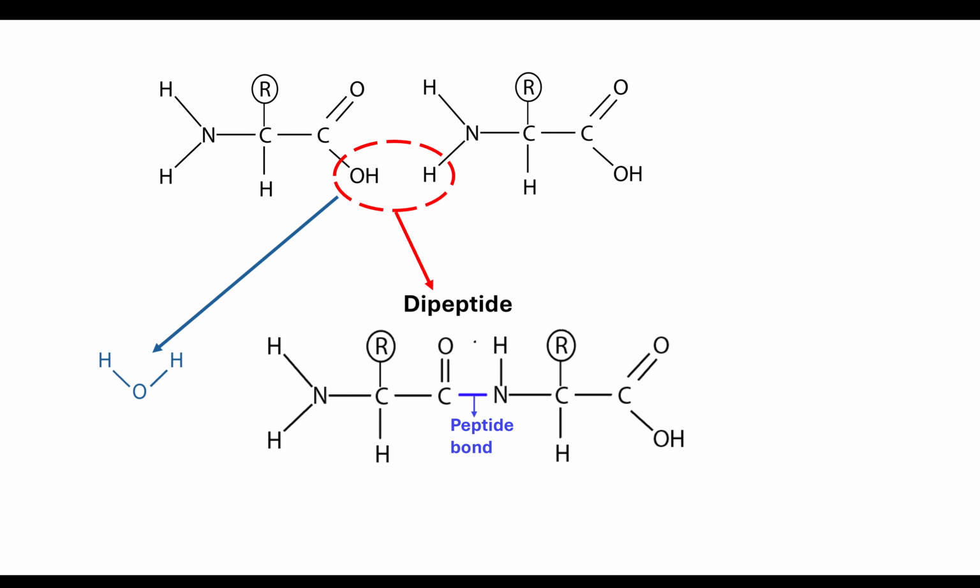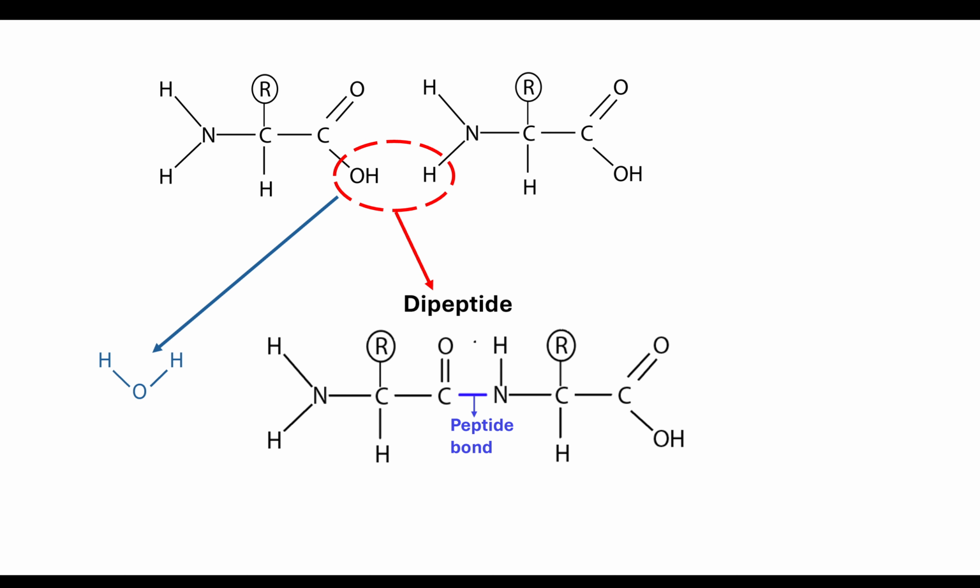So what happens then if we take two amino acids and we join them together? Well, this is another form of a condensation reaction, because we can take the hydroxyl group from the carbon of one amino acid and the hydrogen from the amine group of another amino acid.